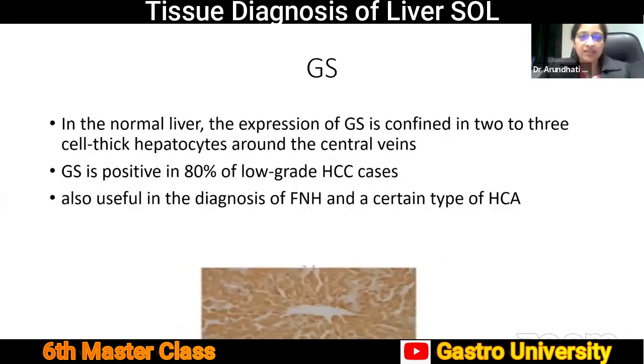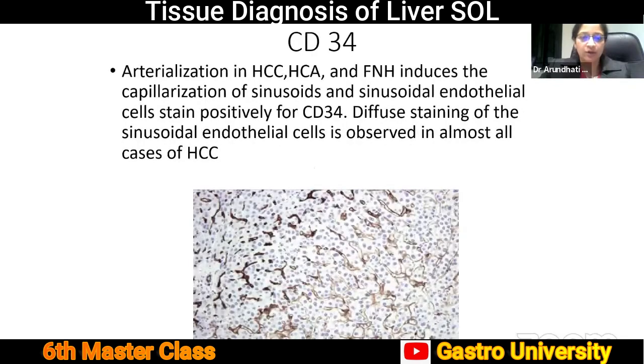Glutamine synthetase, again, in a normal liver, is confined to the 2 or 3 cell-thick hepatocytes around the central veins. It has a positivity of nearly 80% in low-grade hepatocellular carcinomas, while also being expressed in focal nodular hyperplasia and certain hepatocellular adenomas.